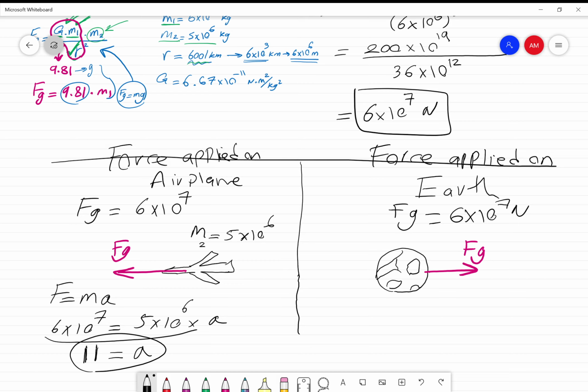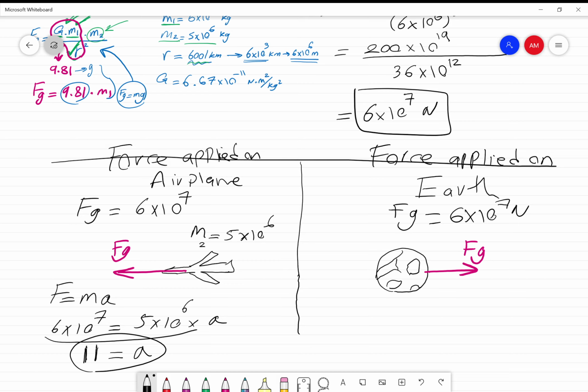The velocity is increasing by 11 each second. Recalling the concept of acceleration from chapter 1 and 2, acceleration is the rate of change of velocity. How velocity is changing. Velocity in this case is changing by 11 every second. It's ridiculously high. It means every 1 second, velocity becomes 11 more.